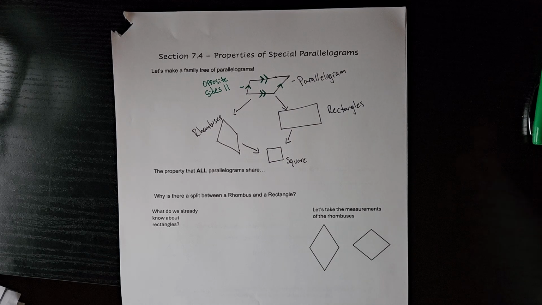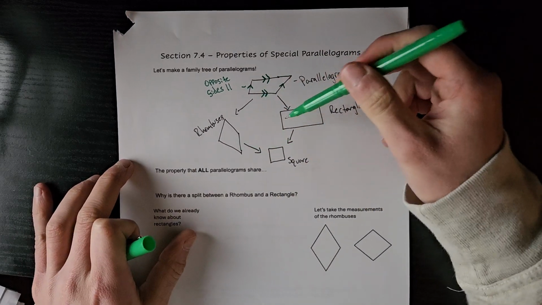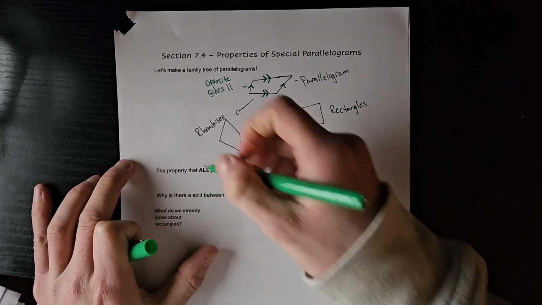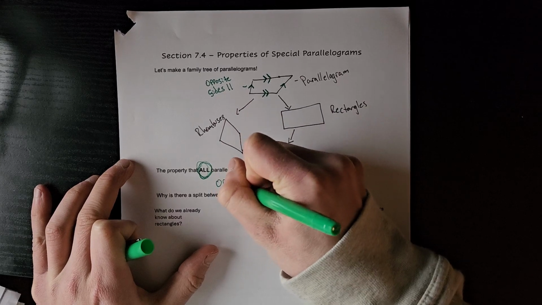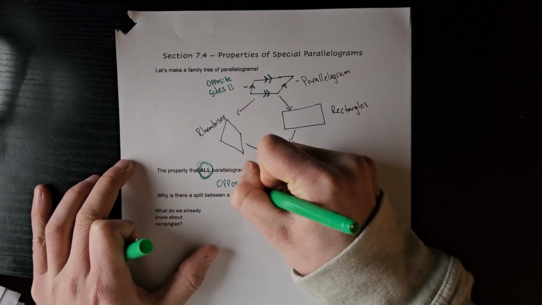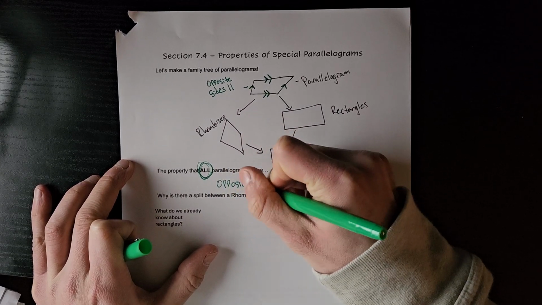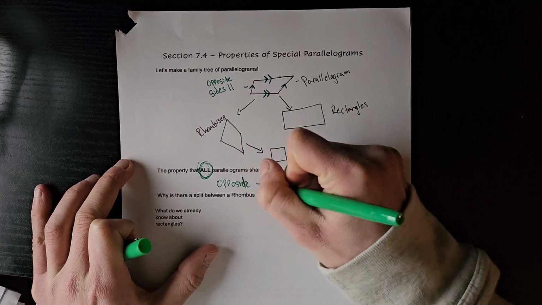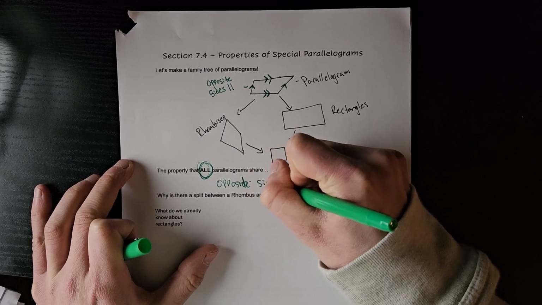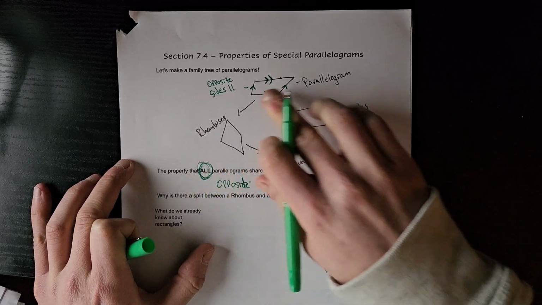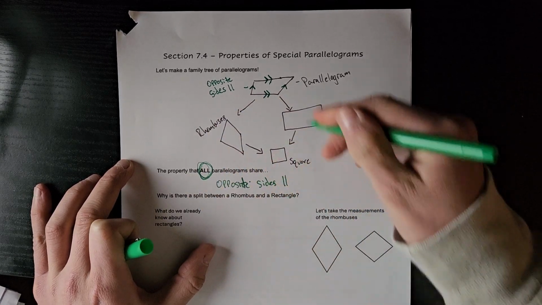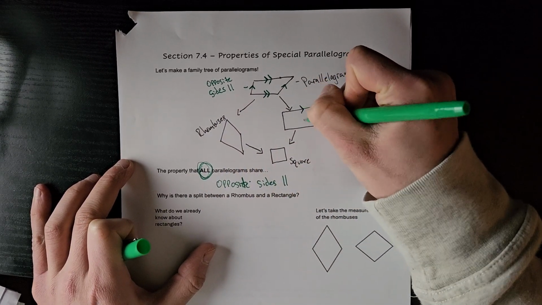But besides the point, what I want you to take away from this is that these are still all parallelograms and that they all have opposite sides parallel with each other. All of these shapes have opposite sides parallel.